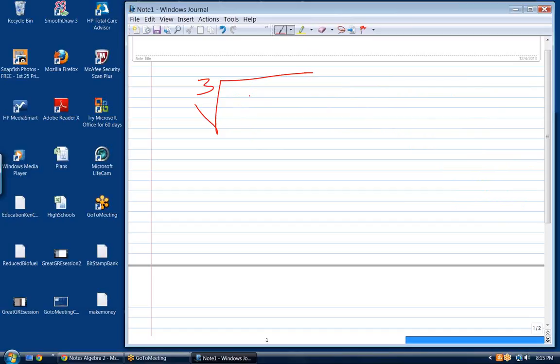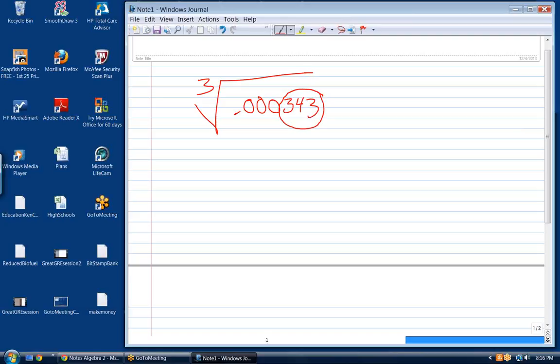Last one is the cube root of 0.000343. Enough zeros? Okay, so let's focus on figuring out the cube root of that.